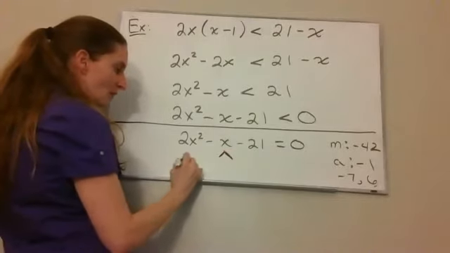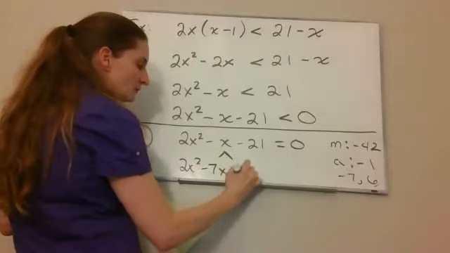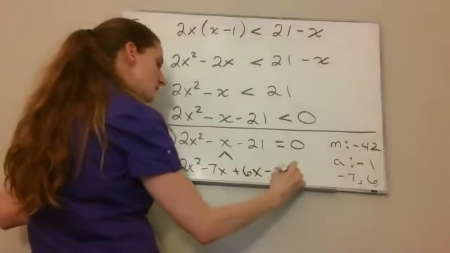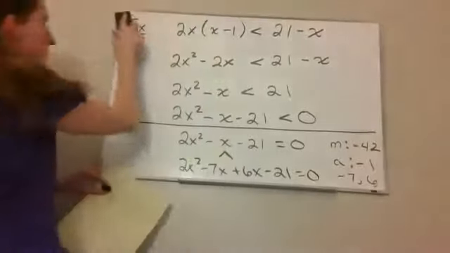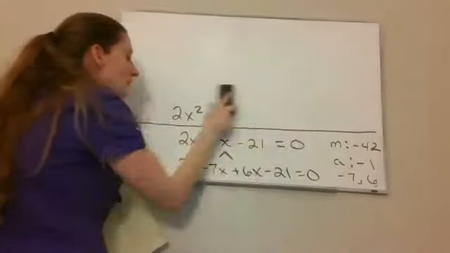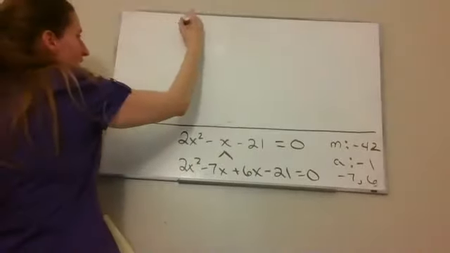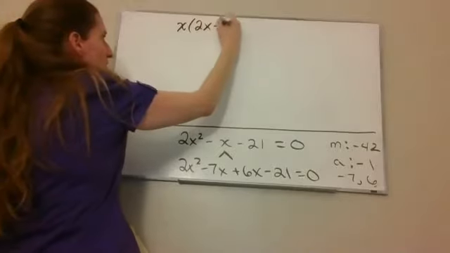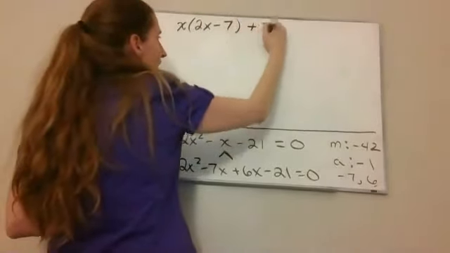So I'm going to split up that middle term using those numbers. And then factor by grouping. So in my first group, I have an x in common. And in my second group, I have a 3 in common.